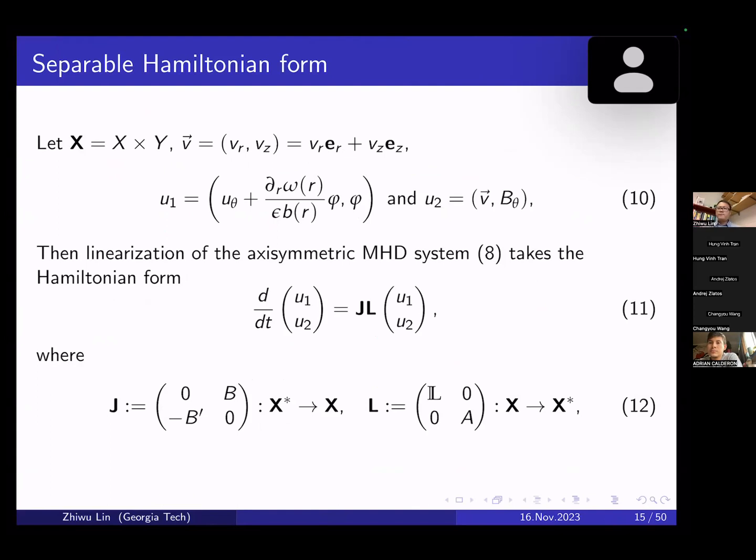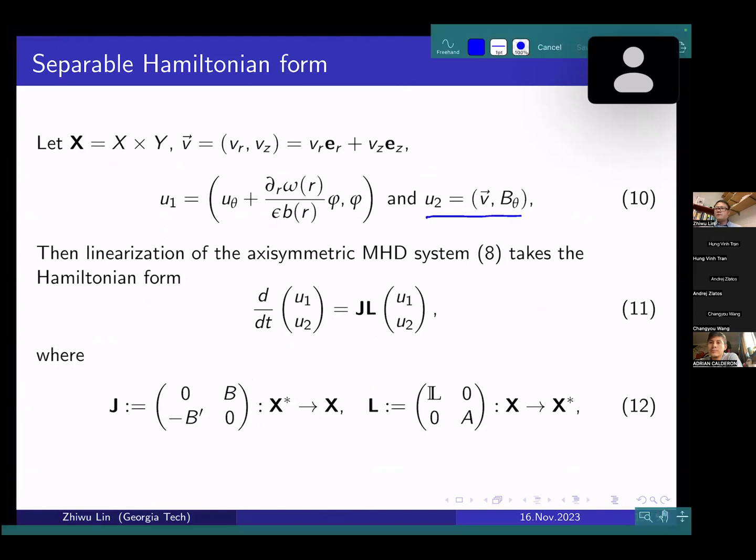So for U2, we group the R and the Z components of the velocity field and the theta component of the magnetic field together.